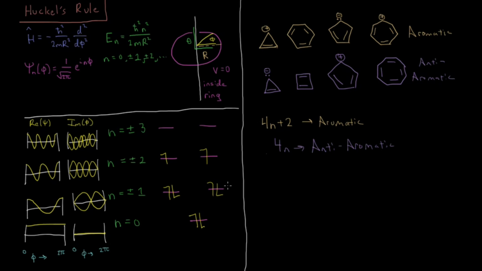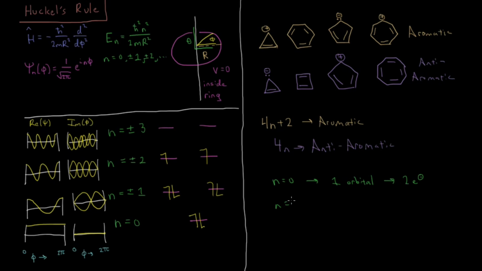So we can see very clearly from the particle in a ring where this comes from. If we write out the number of energy levels up to a certain shell, up to n equals 0, we have one spatial orbital, and thus we can fit 2 electrons.